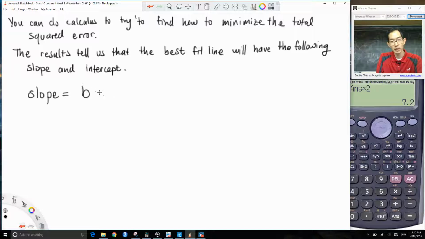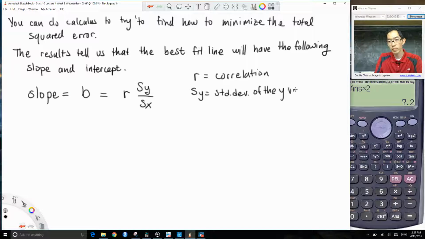B. The slope B will have the value R sy over sx, where R is the correlation, sy is the standard deviation of the y values, sx is the standard deviation of the x values.